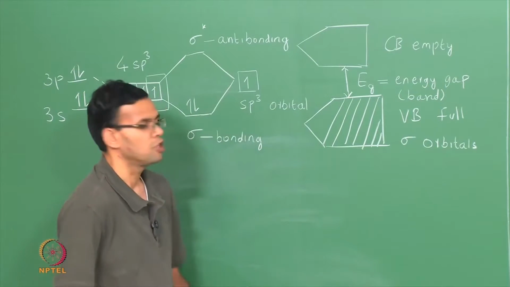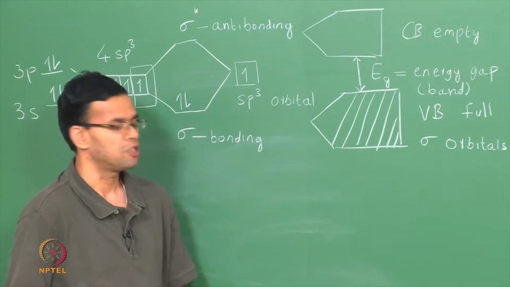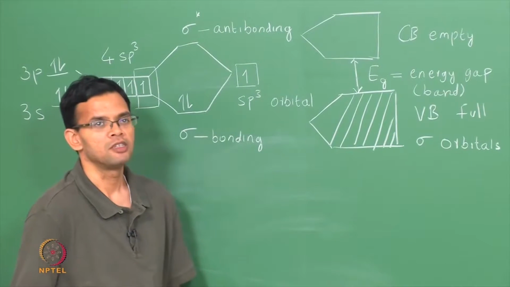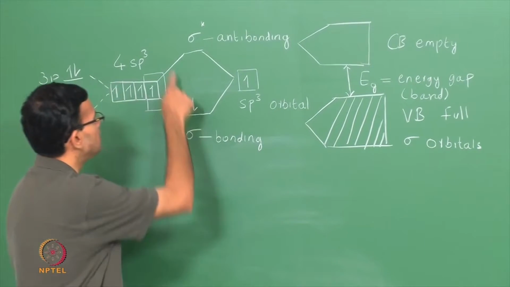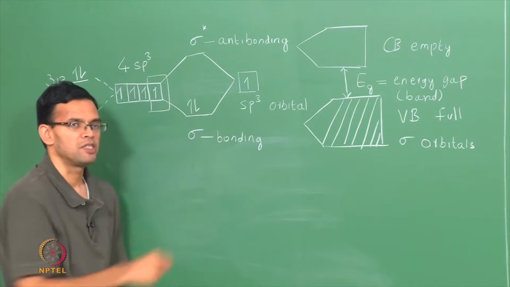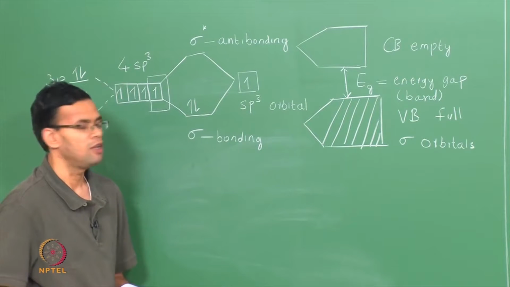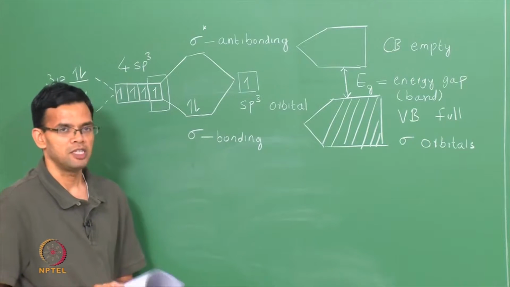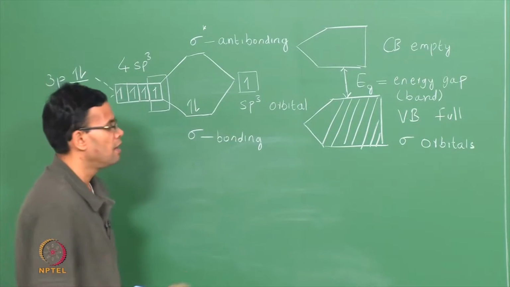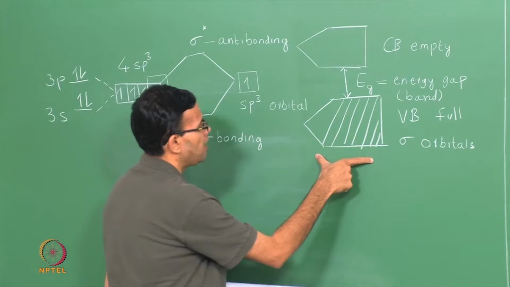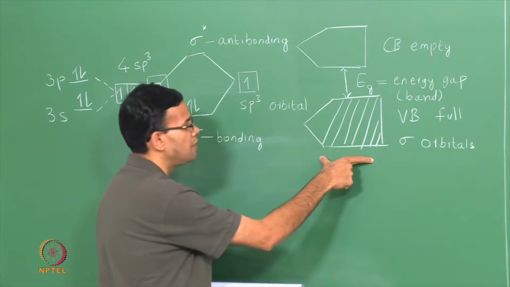So, this is the picture of silicon we have from interaction of these molecular orbitals. So, we have a sigma and a sigma star, this just represents one bond. When we have a whole bunch of these bonds in a solid, they all interact with each other, leading to broadening, and finally we have an energy band, which is the valence band is completely full.